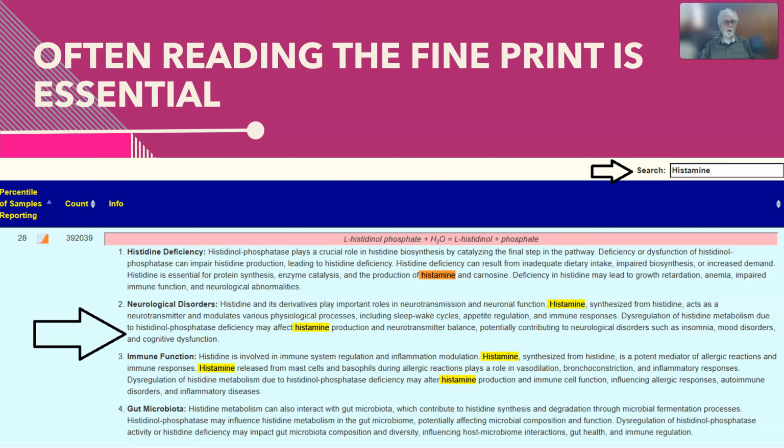For example, the person has Crohn's. A byproduct of that is impaired immune function. In this case, this particular one has an impact on the ability to handle histidine, and so you've got a possible hiccup there.